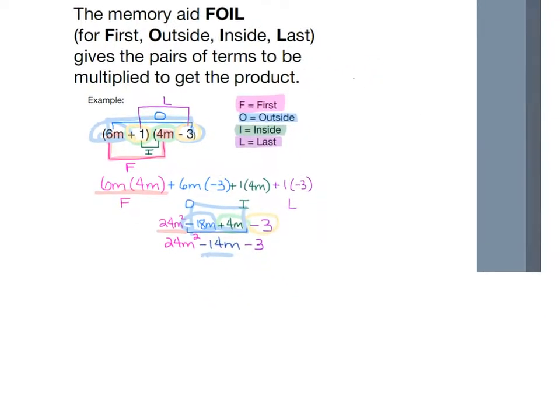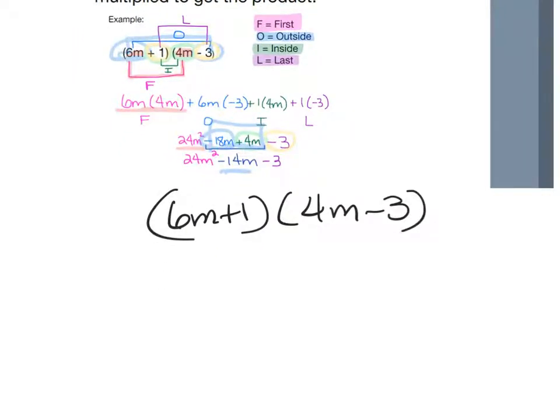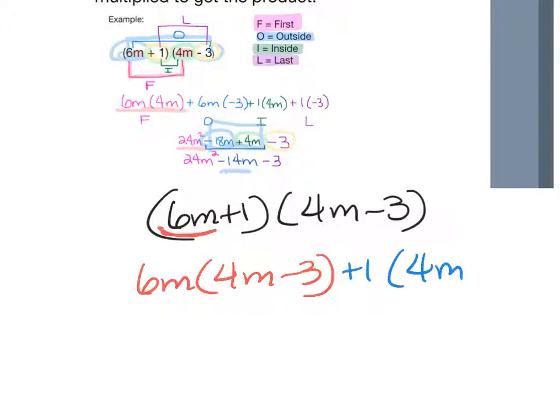Now, again, if you don't like to FOIL, you can just do distributive property. So if I took the same problem, 6m plus 1, 4m minus 3, and if I just, again, do distributive property, I'm going to say the 6m is going to get distributed to the 4m minus 3, and then the positive 1 also gets distributed.